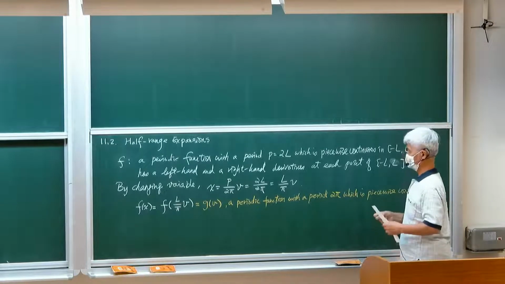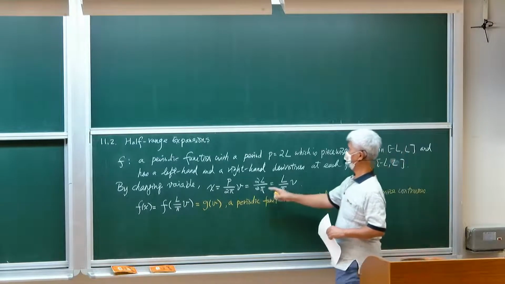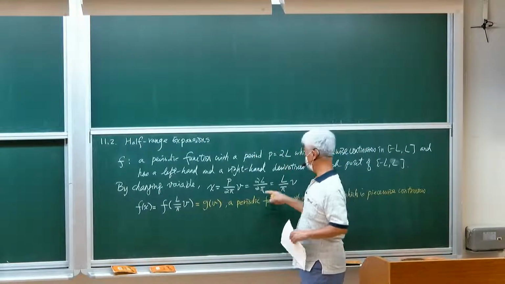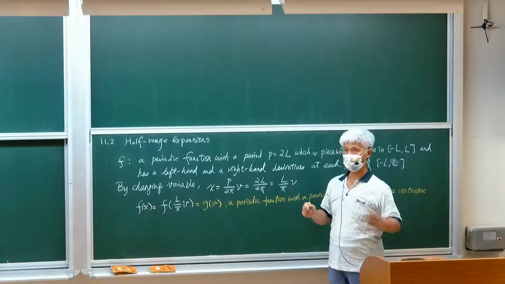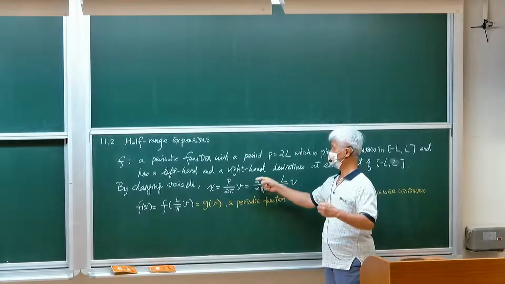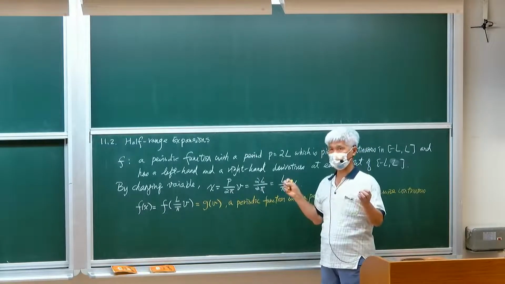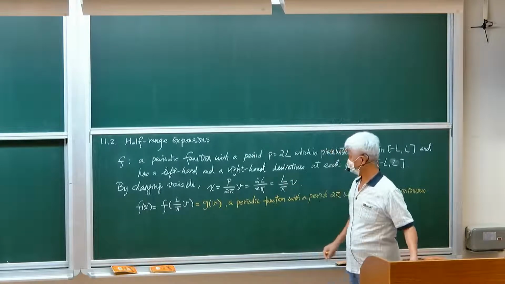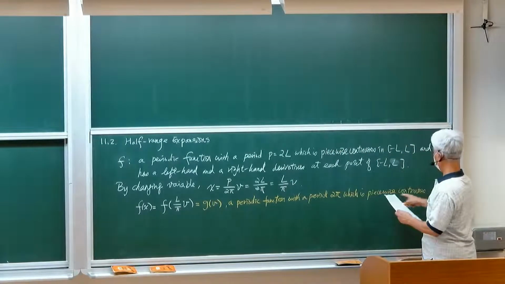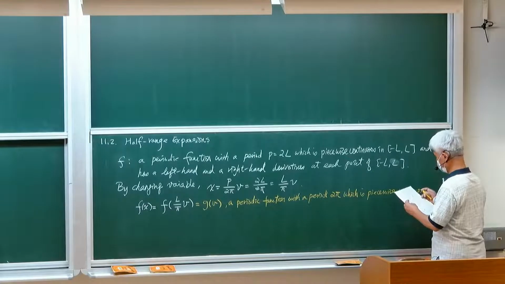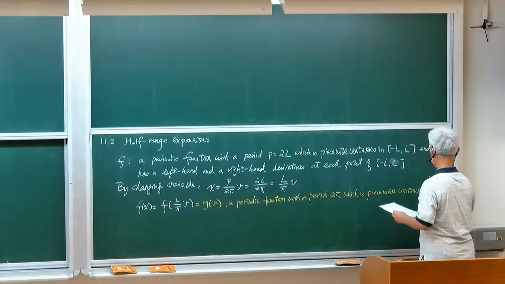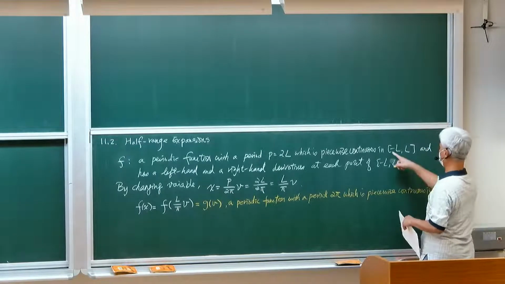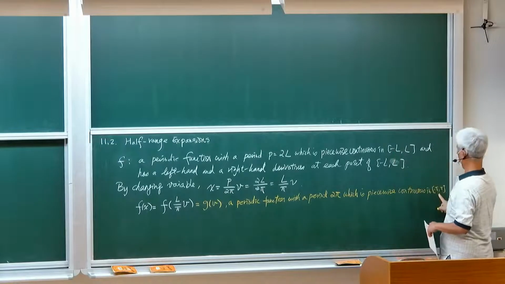I hope you have the idea of geometry, and by this ratio you either compress the diagram or dilate the diagram, right? All right, so which is piecewise continuous in minus pi to pi, okay, because this period becomes this period.